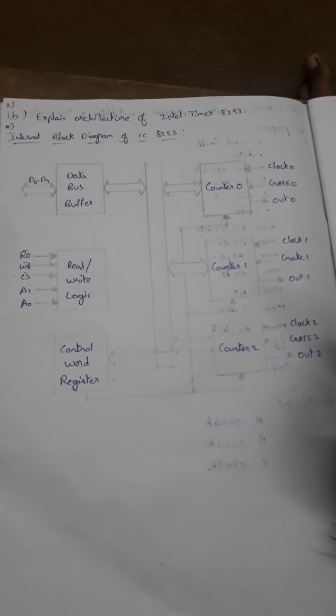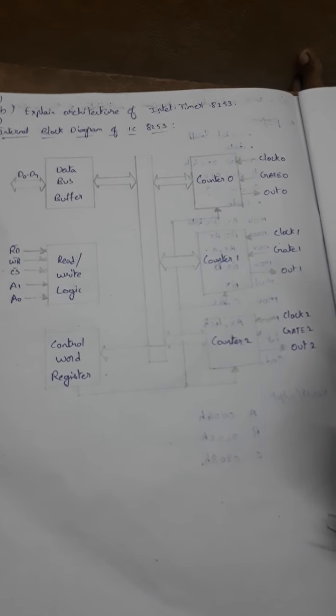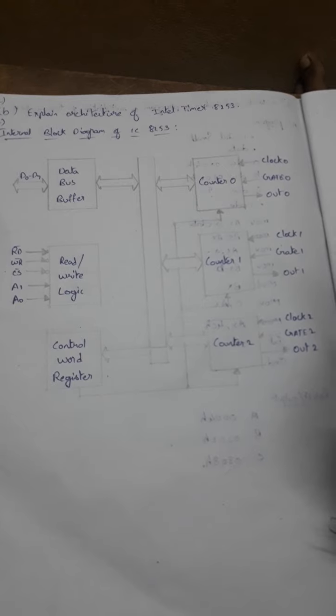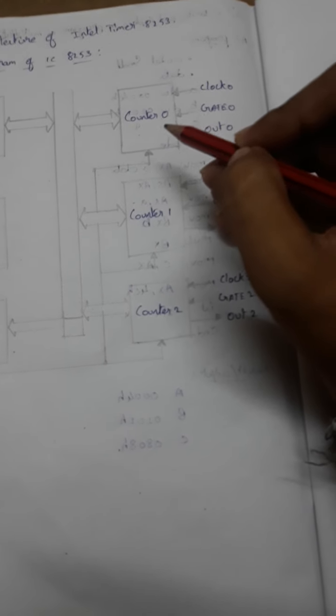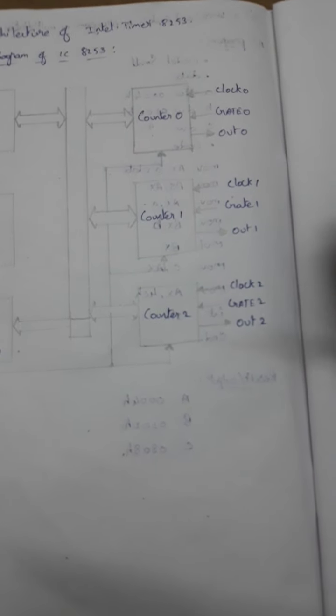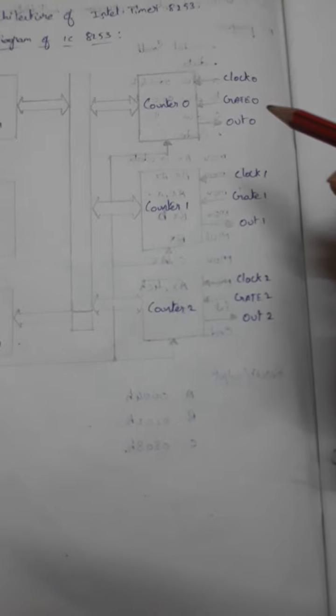Actually, the Intel 8253 timer is a programmable interval timer designed for microprocessors to perform timing and counting functions. In all three counters, there are two input signals, a clock and gate, and one output, out.